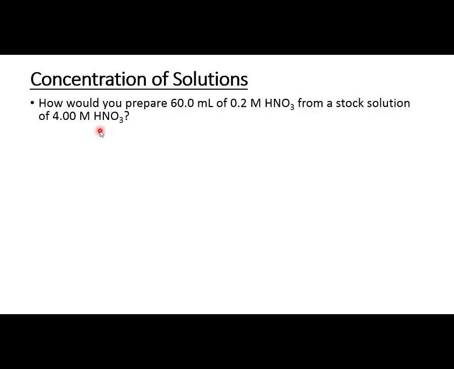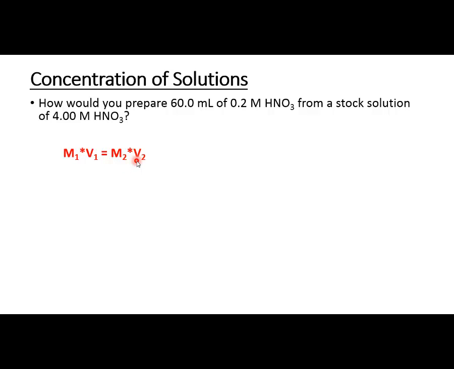So I need to find out what volume of that initial stock solution I should use to prepare the final 60 milliliters of the 0.2 molarity lower concentration. The equation I should look at when changing molarities is M1V1 equals M2V2, or initial molarity times initial volume is equal to final molarity times final volume.